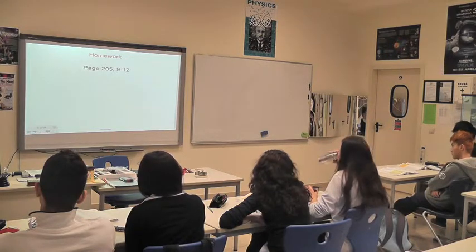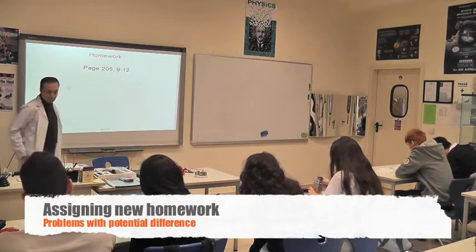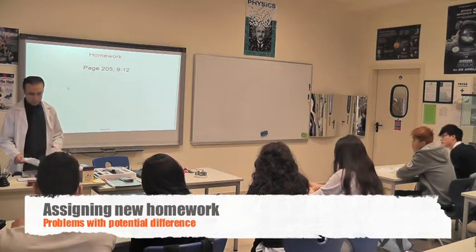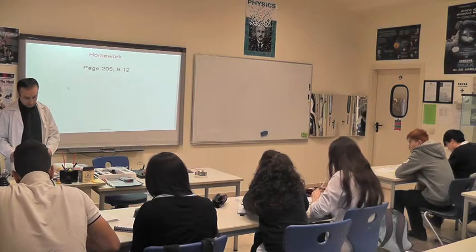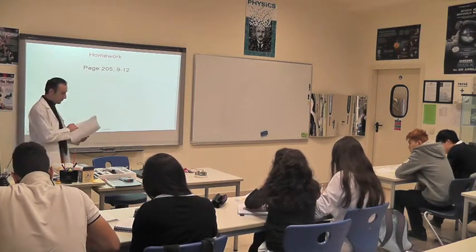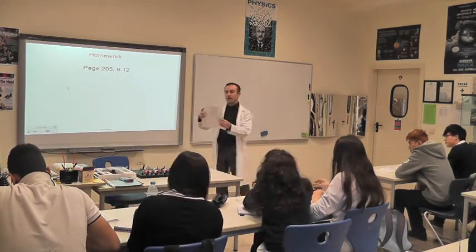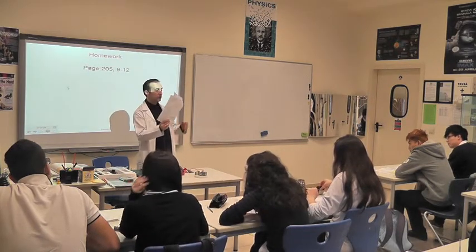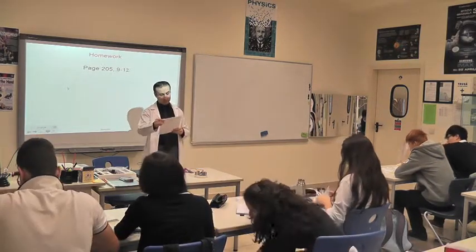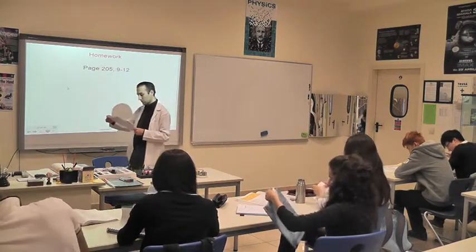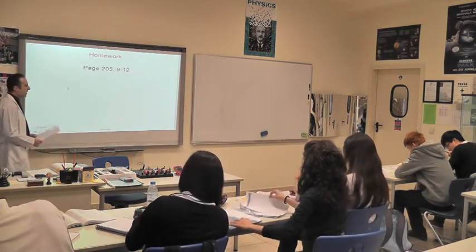Alright, we have just defined that. I want you to write your homework. Page number 205, 9 to 12. 9 to 12 is your homework. Okay? And from the worksheet I gave you last time, I want you to now look at question number 11, and tell me how we can calculate that.